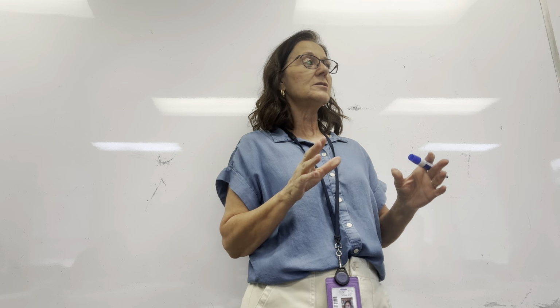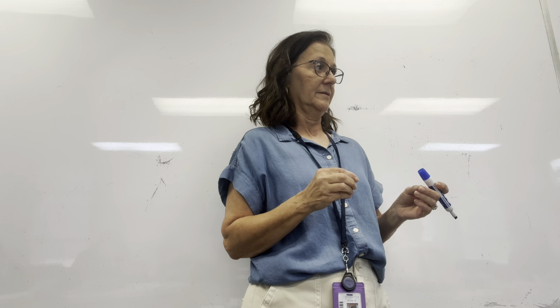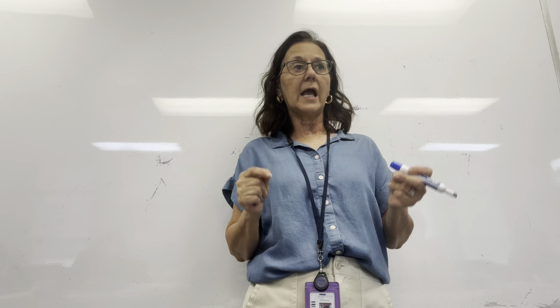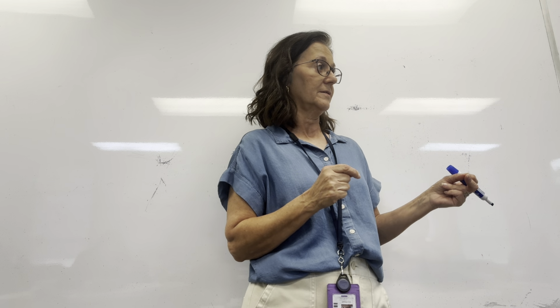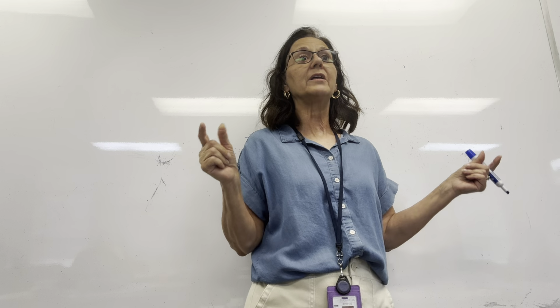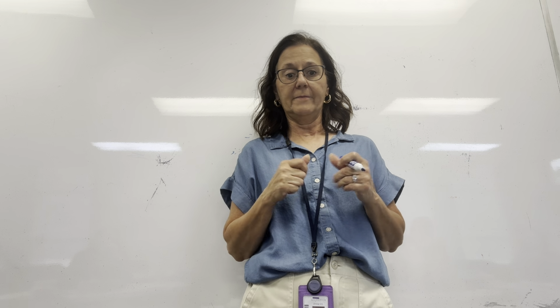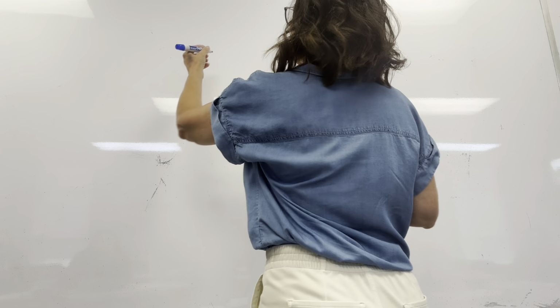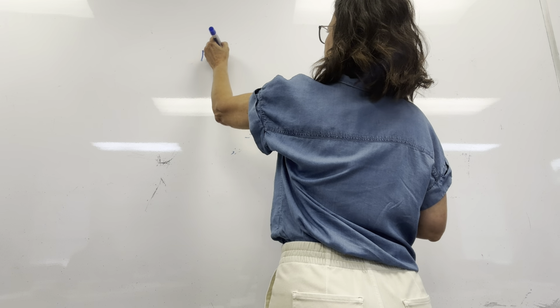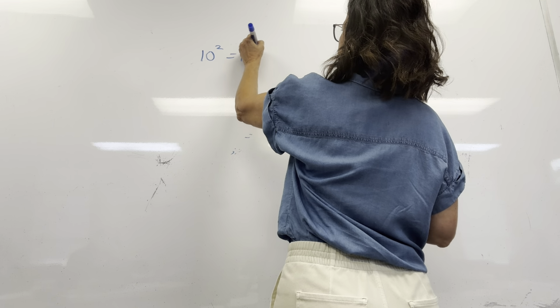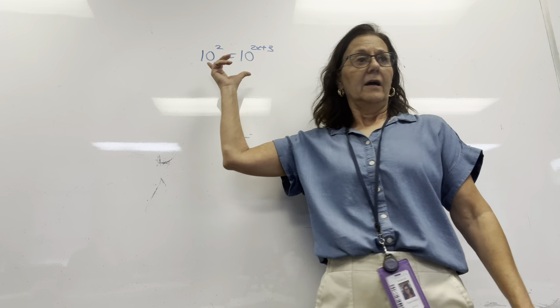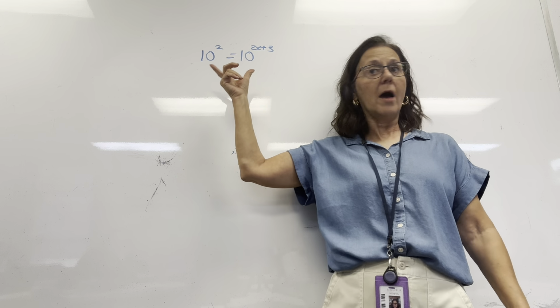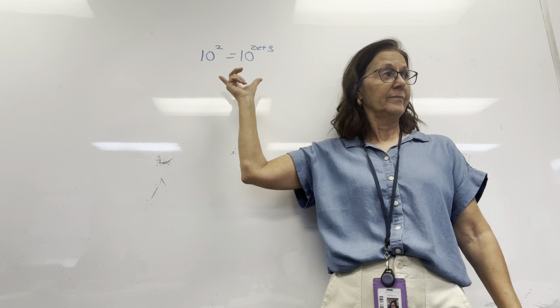There are laws to logarithms. The laws are the same rules we use for exponents. Okay, so I really need you to lock in now. Of course, I need you to lock in before, right? Just like we worked exponents when I had a common base, what could I do?